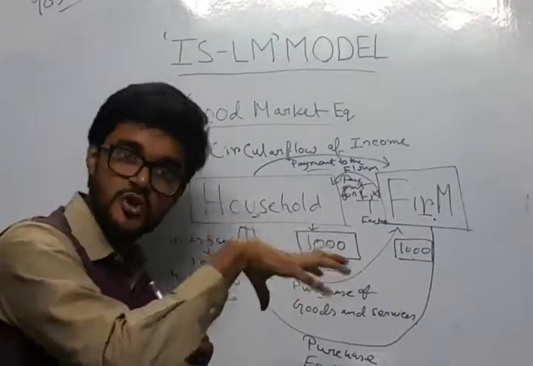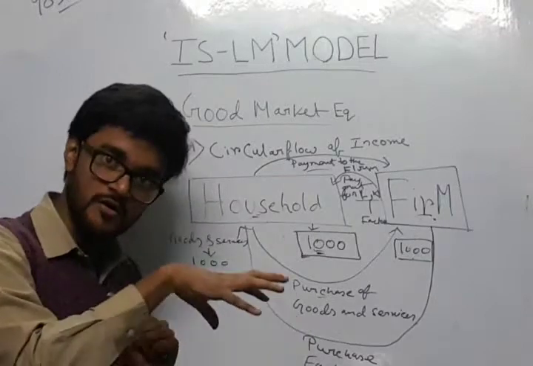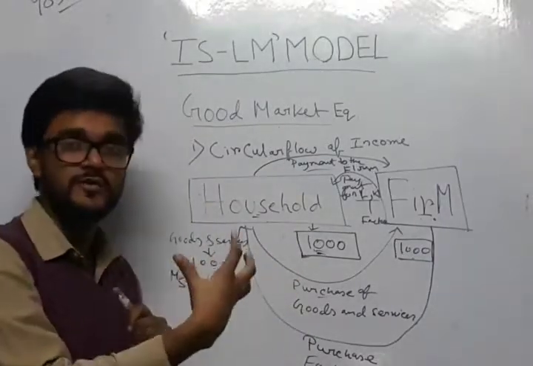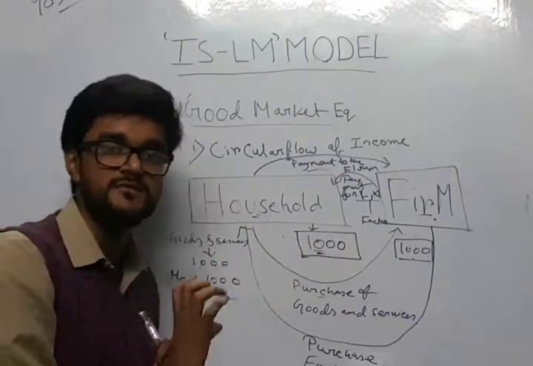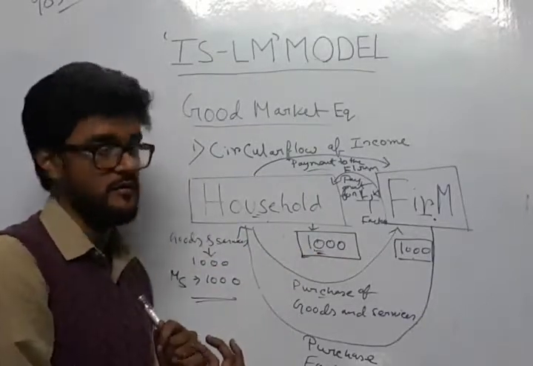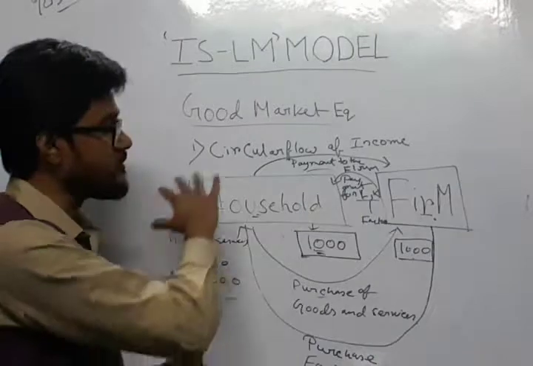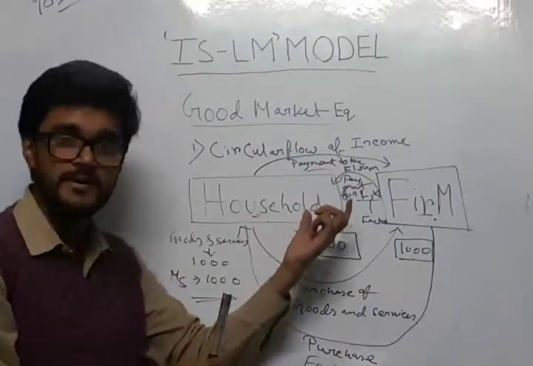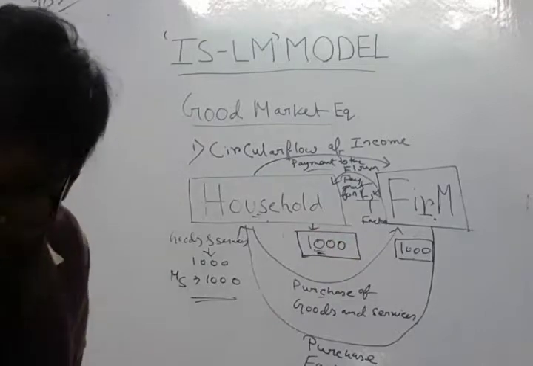The government's job is to facilitate or to improve the standard of living or the livelihood of both the firms and household. Okay, now I'll redraw it so that I can include that government component here.